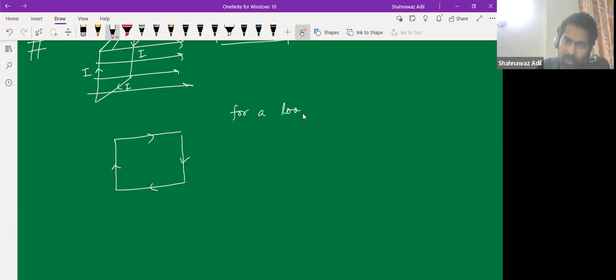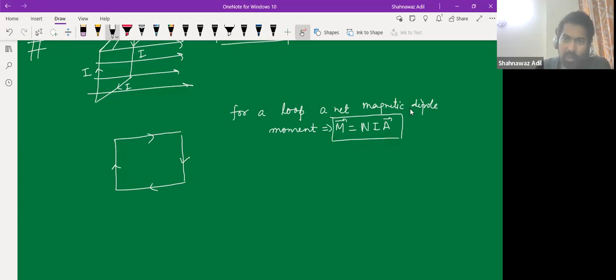For a loop, we calculate the net magnetic dipole moment, and that is represented by M. This is a vector quantity, given as N I A. The direction of this dipole moment is in the direction of the area vector.